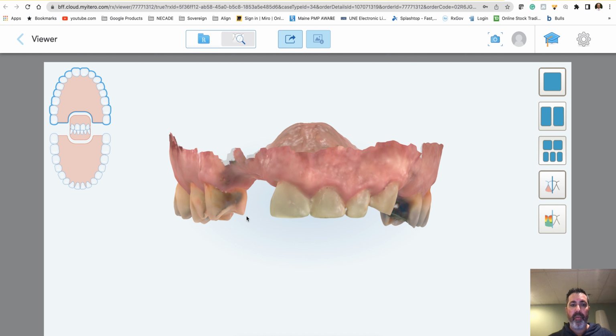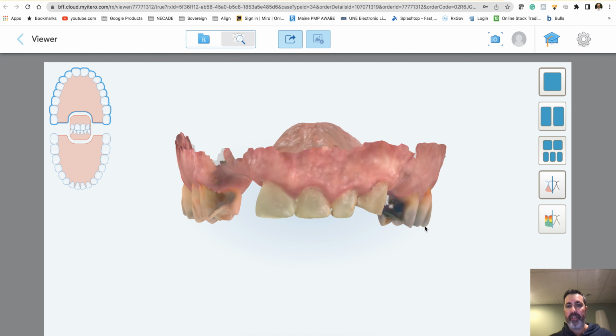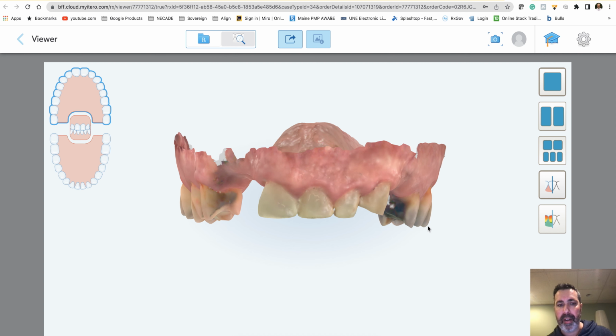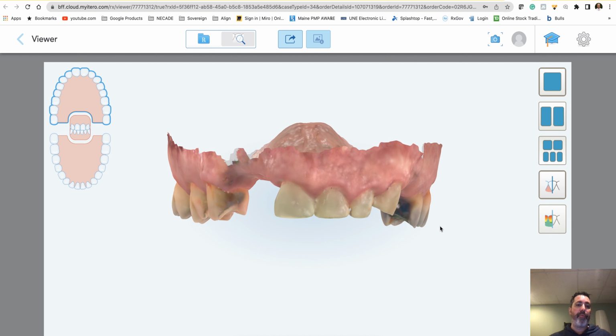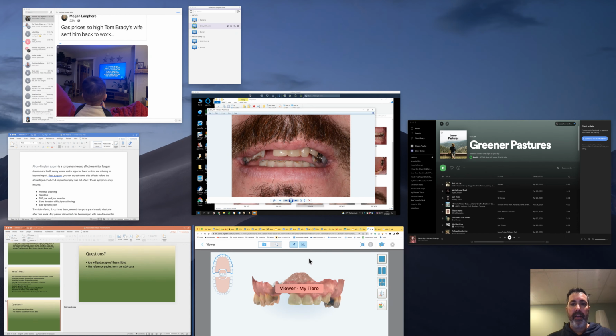Then I would say something to the effect of: 1 millimeter above the distal buccal cusp is point A, point B is the incisal edge of number 8, and point C is 2 millimeters cervical to the distal buccal cusp of number 15. That's just an example. You describe these 3 points and then say, create the occlusal plane at that point.